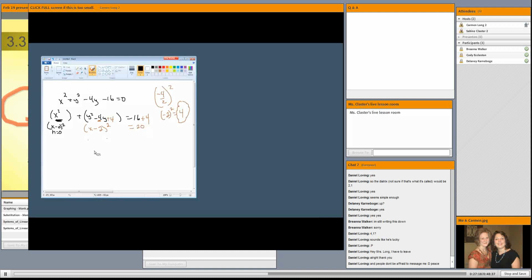This one would be 2 minus the square root of 22. Right? This one would be 2 plus the square root of 20, 0.